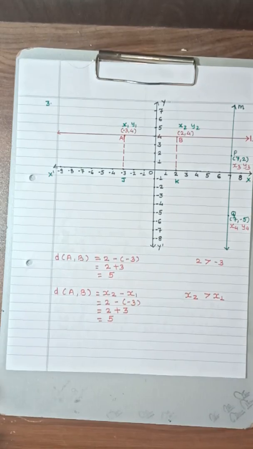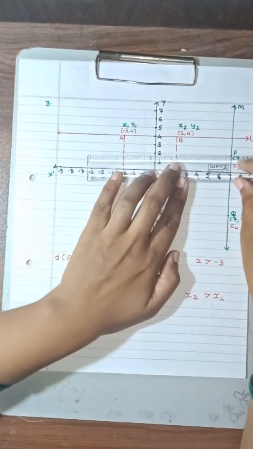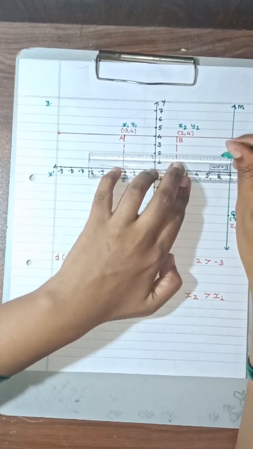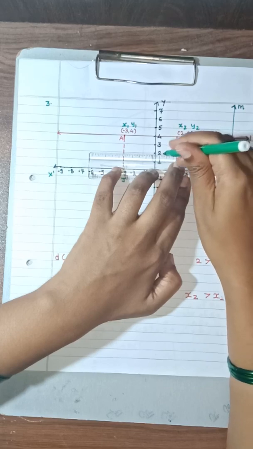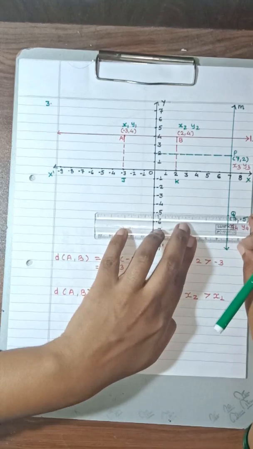Now similarly in the case of P and Q, we'll draw a dotted line. From P we'll draw a dotted line on the y axis. From Q also we'll draw a dotted line.